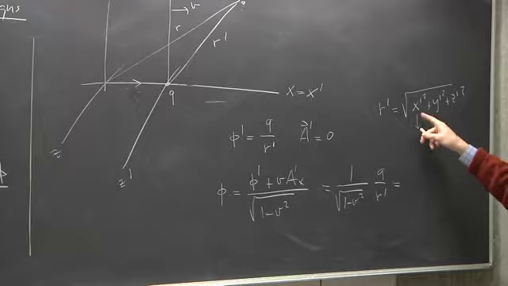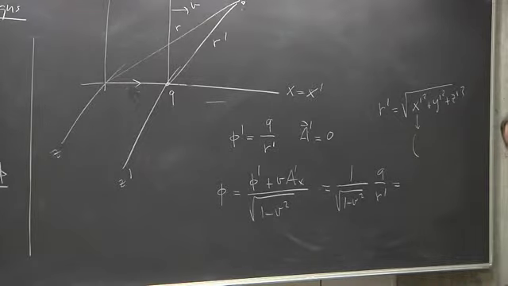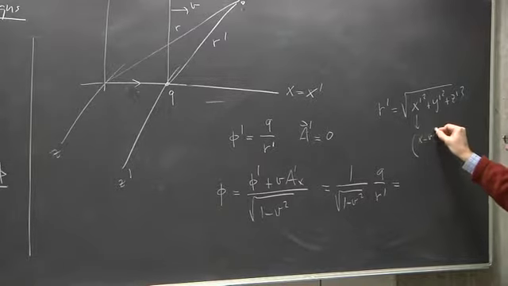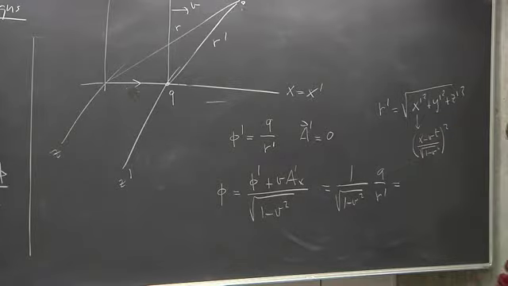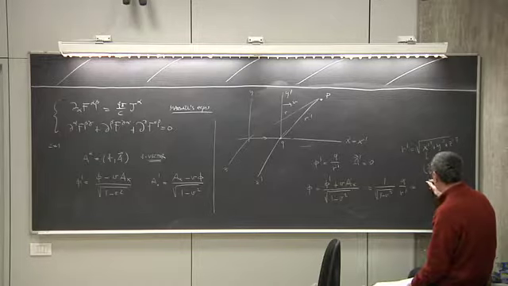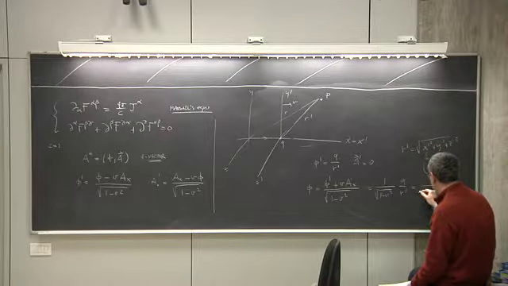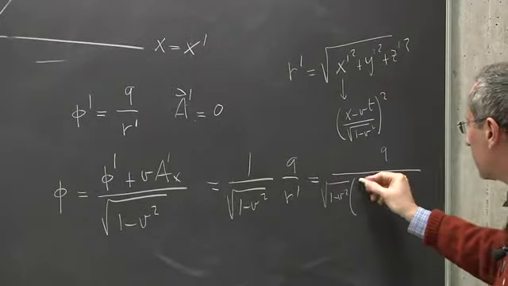So the only one that is Lorentz boosted is x prime. So here you should replace x prime with x minus vt over the square root of 1 minus v squared. Why this? You can simply remove the prime on y and z because they are invariant under the boost, because I decided to boost in that direction. So at the end of the day, you have q, then you have this square root of 1 minus v squared, then downstairs you have this big factor.